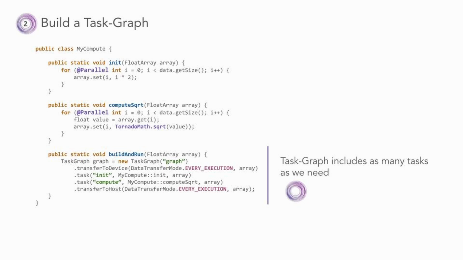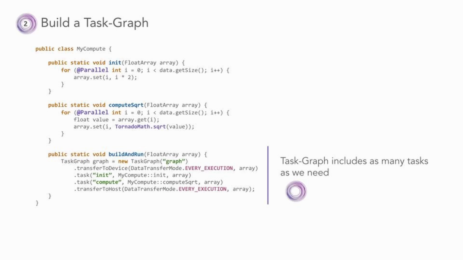So you can define if you want to copy once or if you want to copy every iteration. In this case, we say every iteration. Another convenient case to specify that we want to copy only in the first iteration is when we have read-only data. You can specify that with the option of transfer mode first iteration.